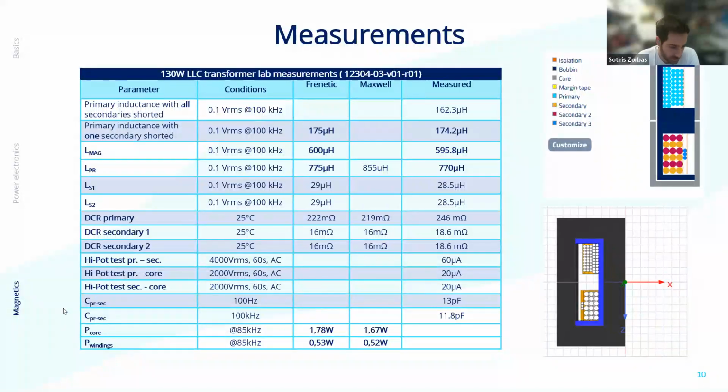Let's bring the pointer out. The measured value is 174 microhenries. Well, I'm mistaken here, this is 178 in Frenetic. It's a difference of 4 microhenries.